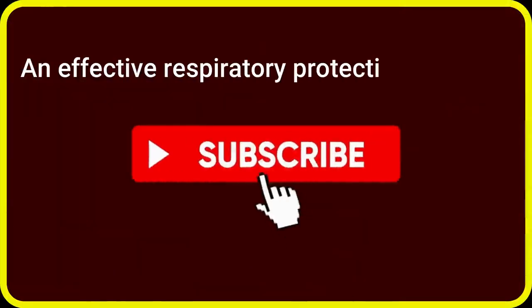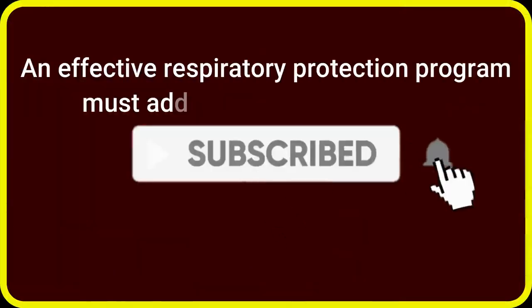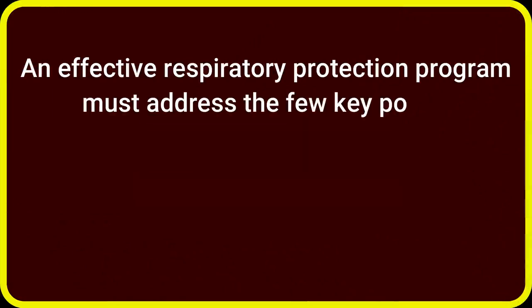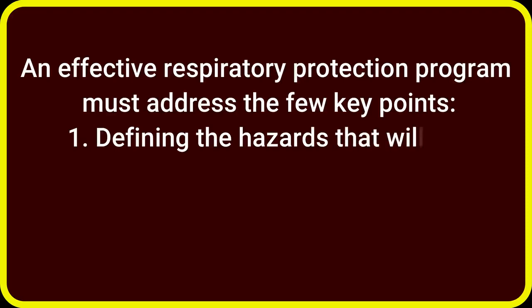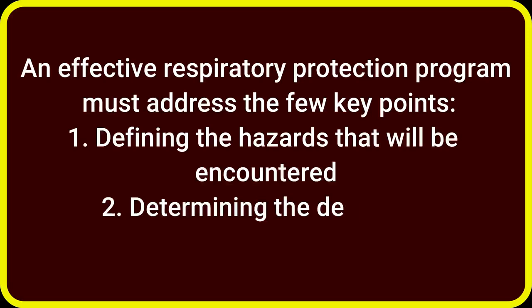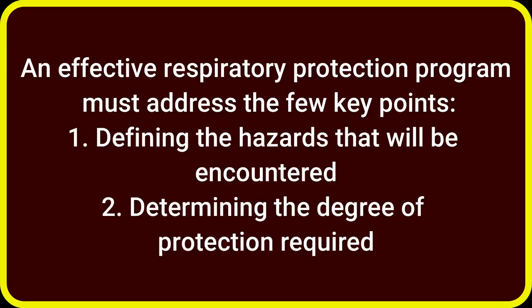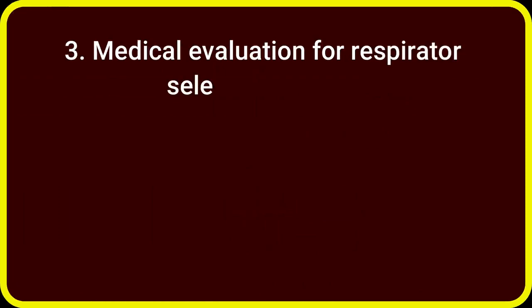Dear health and safety practitioners, an effective respiratory protection program must address a few key points. Number 1, defining the hazards that will be encountered. Number 2, determining the degree of protection required. Number 3, medical evaluation for respirator selection and use.